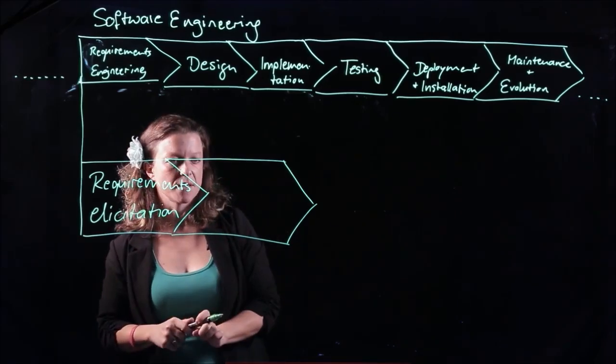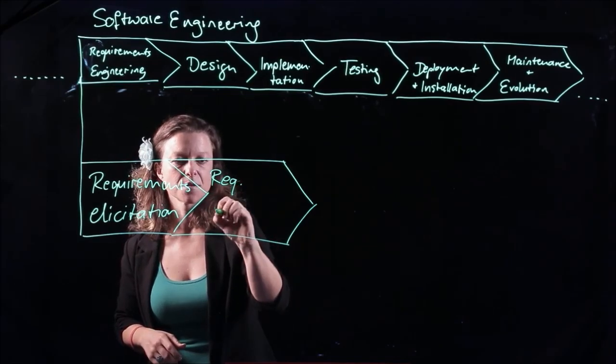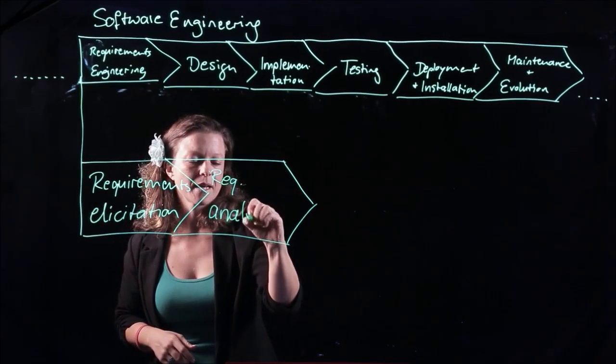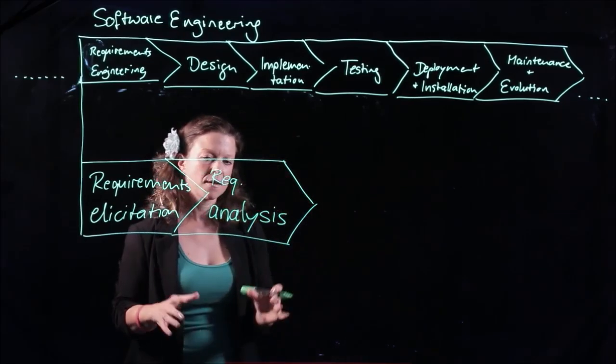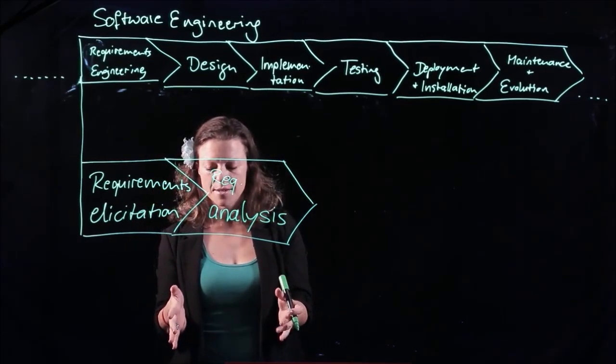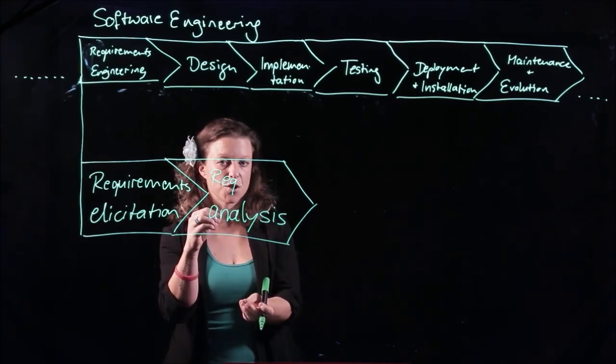So after requirements elicitation, what we do is requirements analysis. And requirements analysis is basically, I look at the set of requirements that I have written down, and I try to find out whether they fit together. Are they consistent with each other?